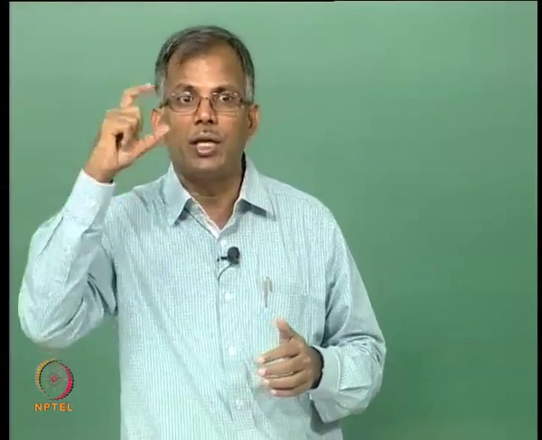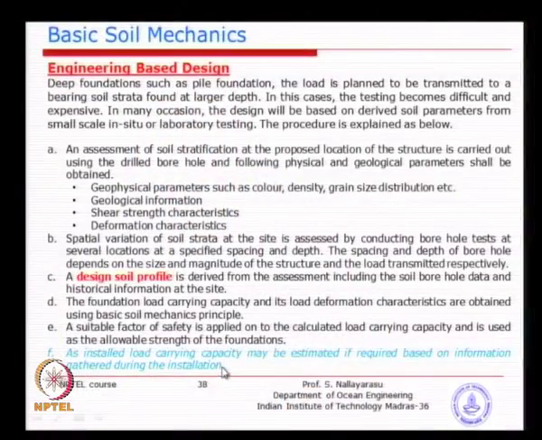So, the relationship between the depth of penetration and the number of blows required for a particular size of hammer, if you gather this information during driving, you will be able to correlate it back with the strength, because a lot of historical information is available. So, you can also calculate, but again it is empirical, because it is not going to be 100% similar to testing.